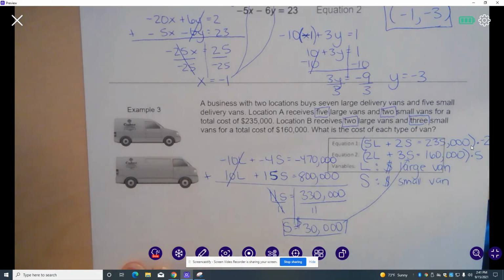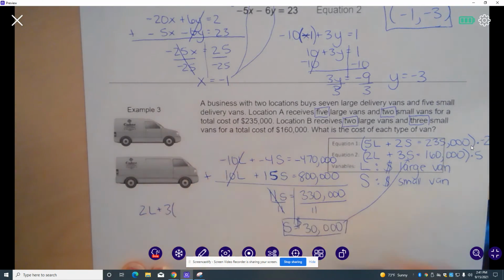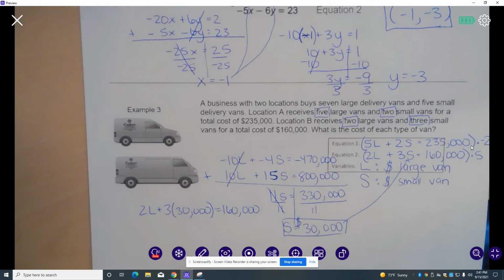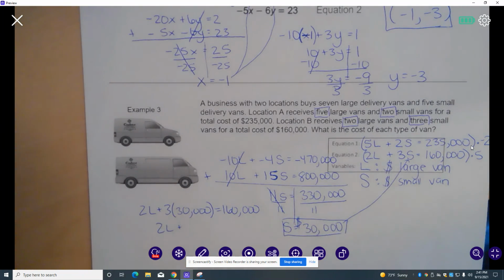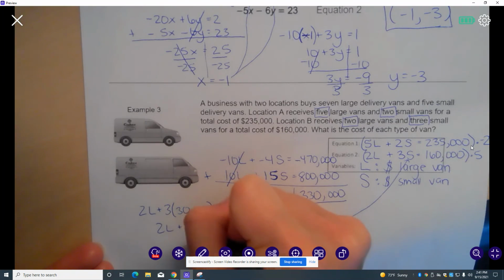Okay. So I'll do it to this equation 2. 3 times 30,000 is 90,000.